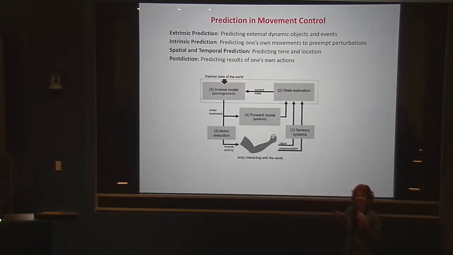So why? Let me elaborate how essential prediction actually is in our movements. To start with extrinsic prediction, or dynamic interception, which is the specific paradigm that we then elaborate on. When we move in the real world, we continuously interact with objects, with our environments, with humans, with shaking hands, right?